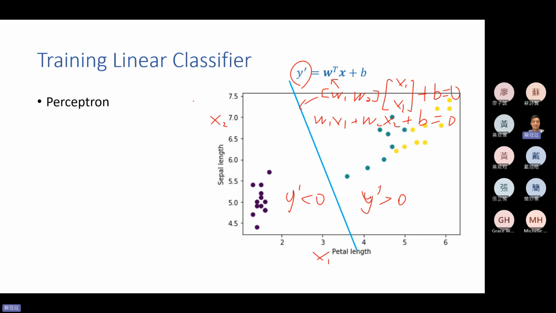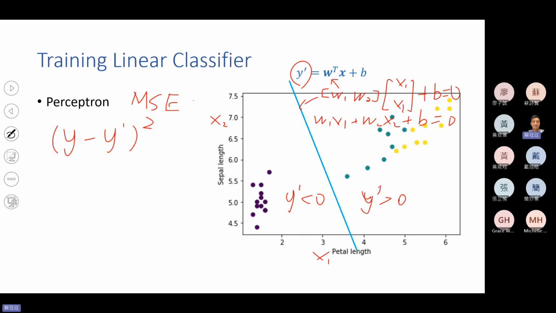So for the perceptron, first we want to calculate the difference between the prediction and the true label. We usually take the square, which is called the mean square error, MSE. Because we have multiple y, right?